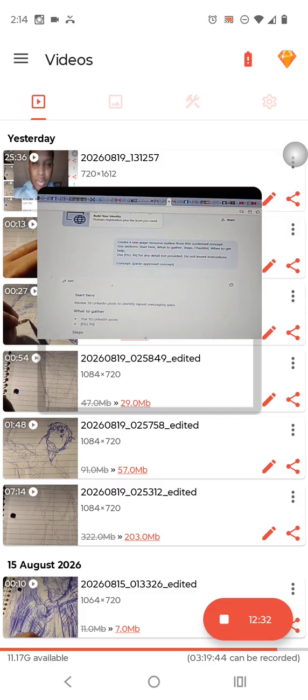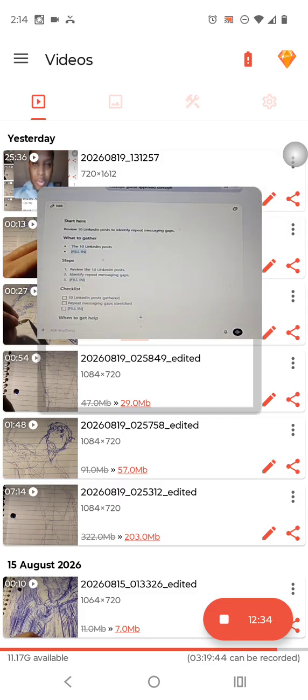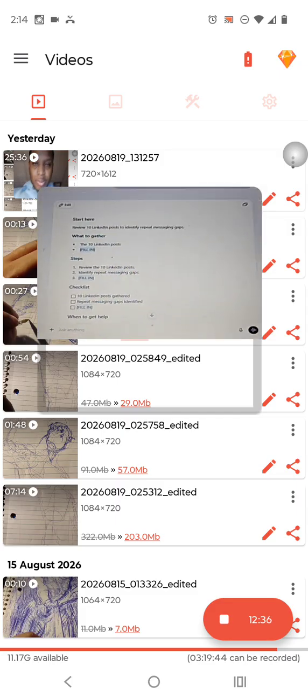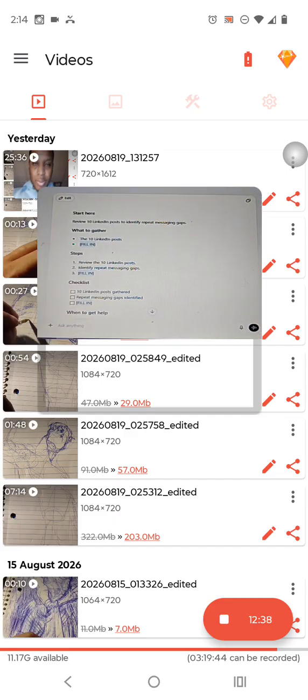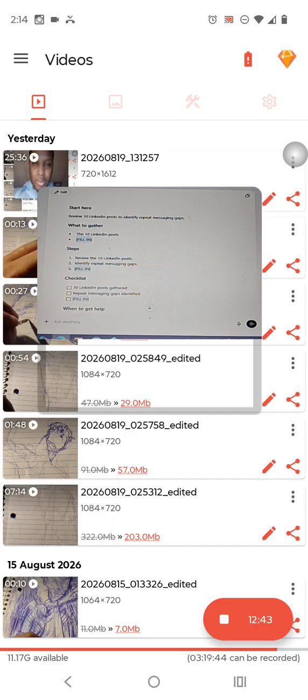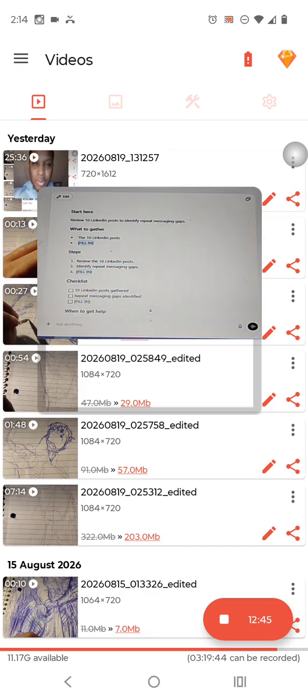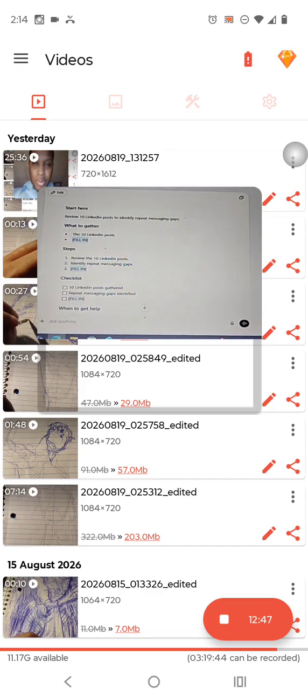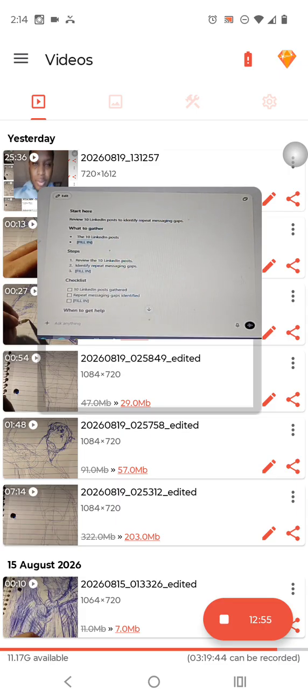Now for the answer, the first thing is start here: review 10 LinkedIn posts to identify repeat messaging gaps. What to gather is 10 LinkedIn posts, and then we filled in what else was to gather. The steps were: review the 10 LinkedIn posts, identify the repeat messaging gaps, and then there's fill in.